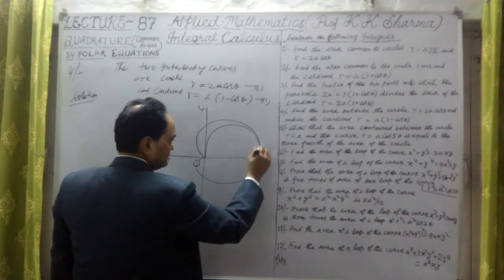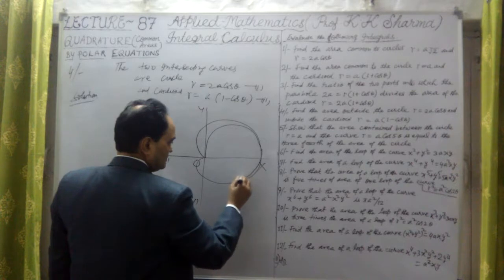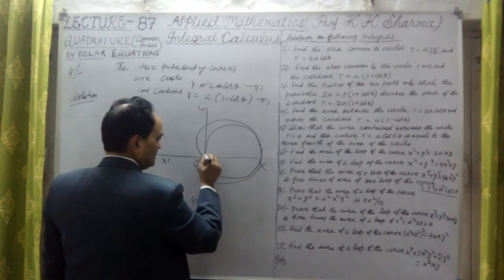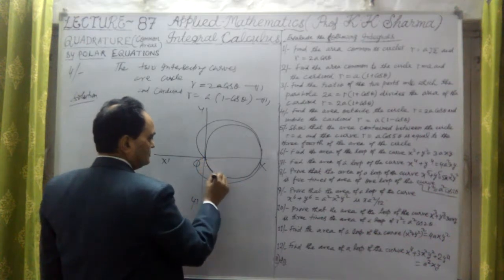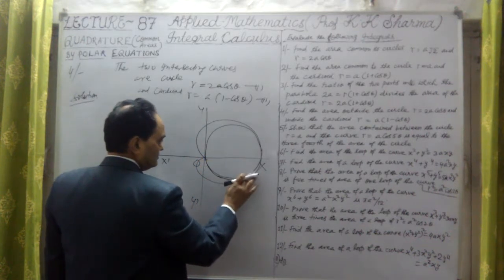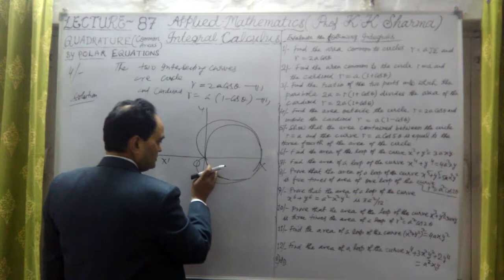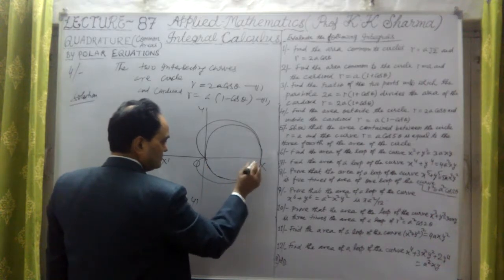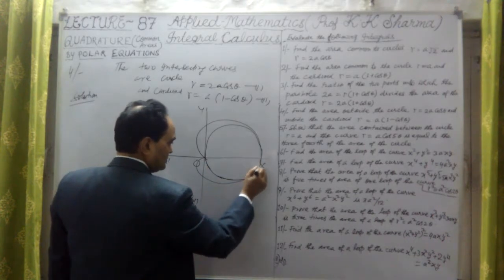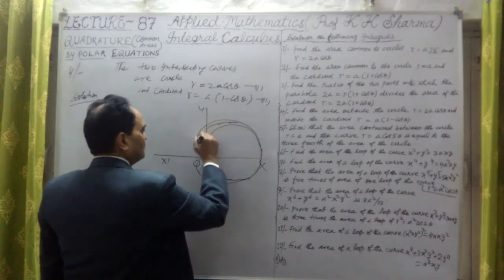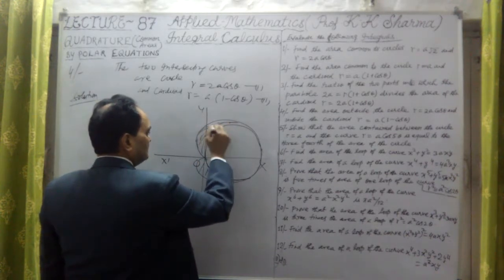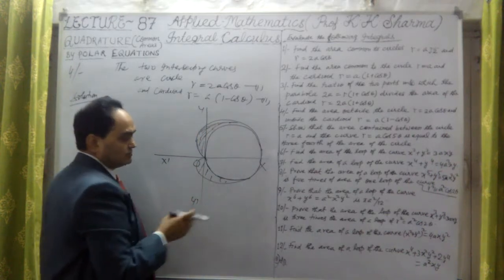If I take this, inside the circle and outside the cardioid, the common area or outside the circle area is this much. So simple, we have to find the two areas and subtract the area of the circle from the area of the cardioid.